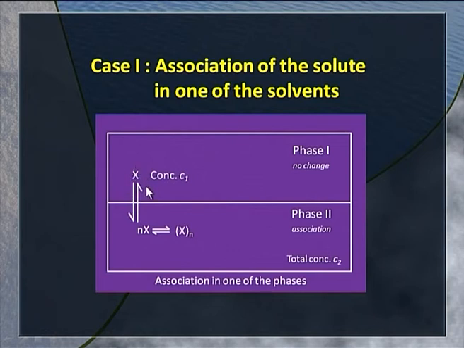Assume that it remains as such in phase 1, as we have seen, in which let its concentration be C1, and in the second phase it largely associates to give molecules of Xn, that is in phase 2. The associated molecules will exist in equilibrium with single molecules as shown earlier. Let C2 be the total concentration of the solute in this phase.